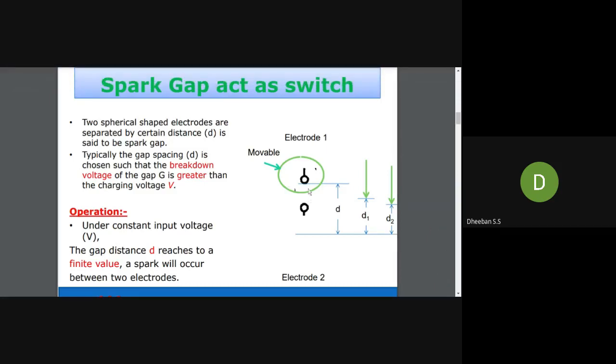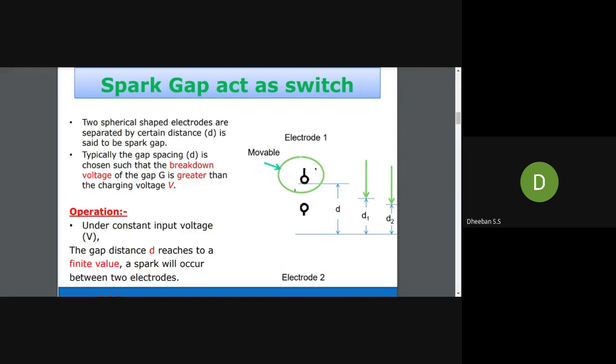Based upon this distance, your voltage magnitude varies. For example, if the distance between the two spherical electrodes is 5 centimeter, the voltage will be around 5 kilovolt. If it is increased to 10 centimeter, the voltage will increase again, to nearly 10 kilovolt.